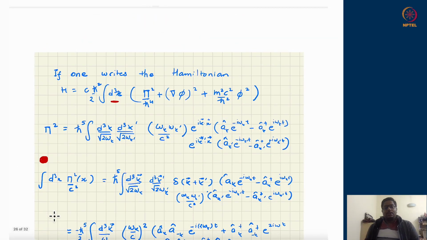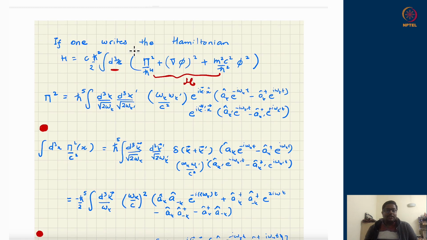I just took the Hamiltonian density, which we obtained right now, absorbing the 1 over c squared in the redefinition of pi as we discussed. Then the total Hamiltonian will be just the integration of the Hamiltonian density over the space, over the volume. So this is my true Hamiltonian. Now here there are three pieces.